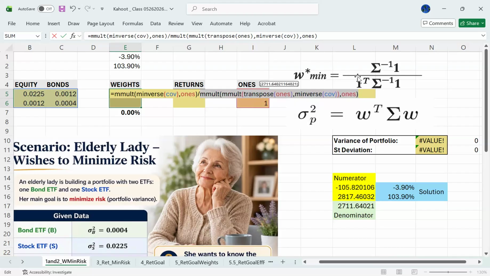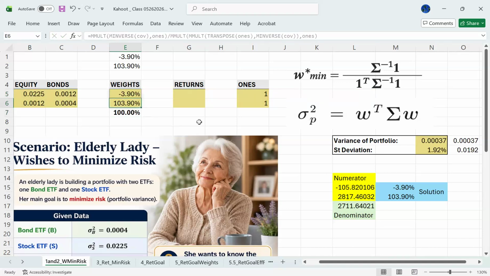So now what we're doing is transpose ones, multiply by inverse of covariance, and then multiply by ones. And that is the denominator. So once again, this is the denominator. And now we know that the denominator is just the summation of the values produced by the expression in the numerator. And then this is the most important expression, which is the numerator. Okay, and then we just type enter and we immediately got the result.